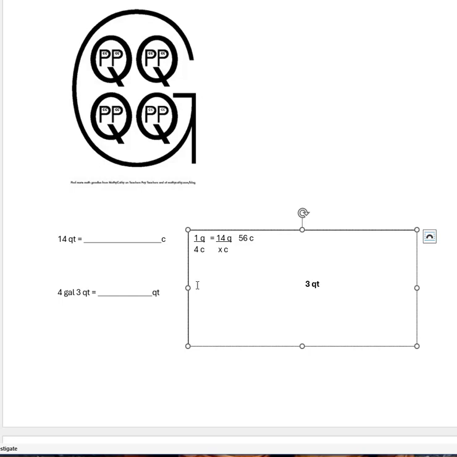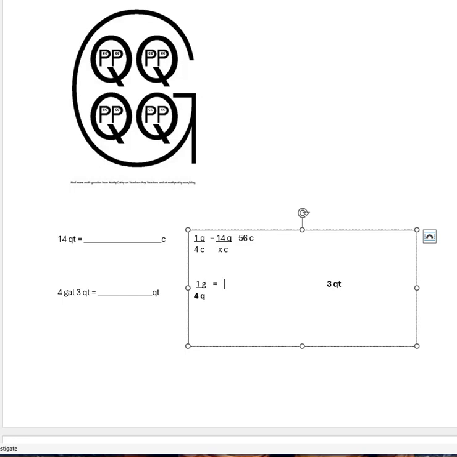So I know 1 gallon is equivalent to, and I need to look up there, quarts. There's 4 quarts, 4 Qs. 4 quarts. Okay, it's darkened, but you'll be all right.